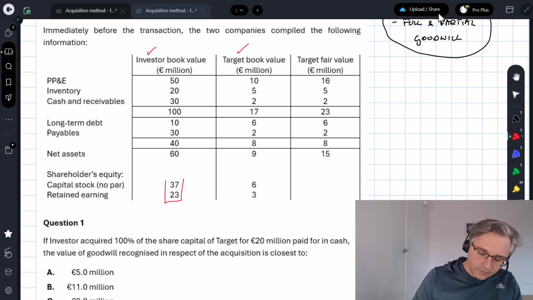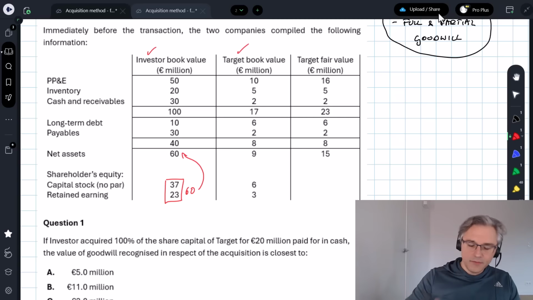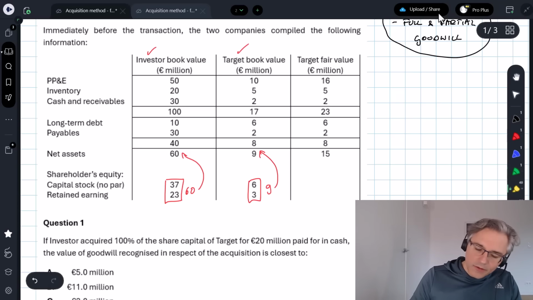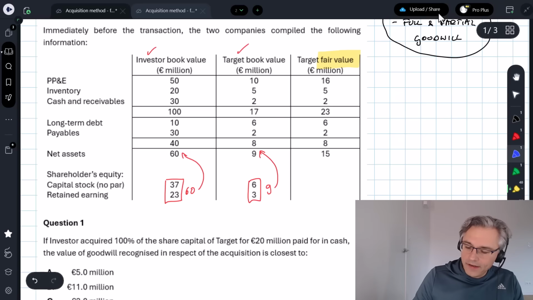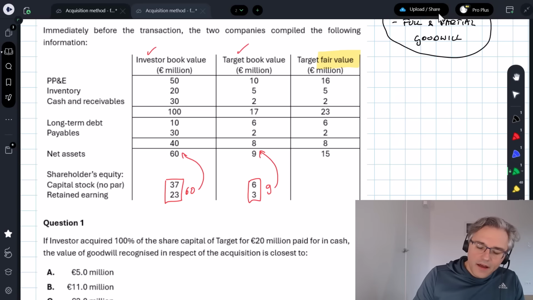Now, this equity 37 and 23 gives 60, which is exactly equal to assets minus liabilities, and the same thing happens here. That's 9, which is equal to the 9 up there. Now, for the target, we are also provided with some fair values for their assets and liabilities, at least the ones that are identified.